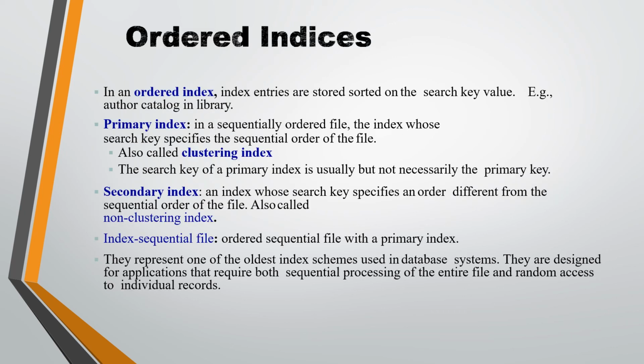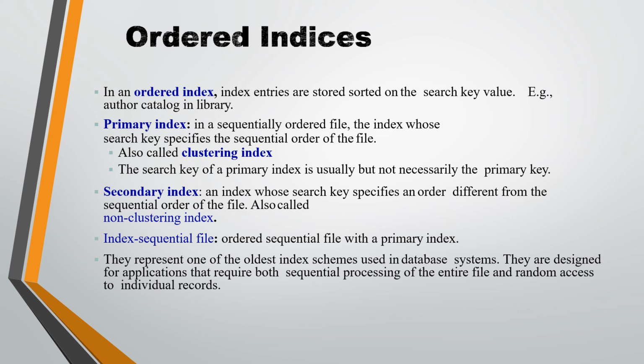And here we will discuss what ordered indices are. In an ordered index, index entries are stored sorted on the search key value. Primary index means, in a sequentially ordered file, the index whose search key specifies the sequential order of the file, and it is also called a clustering index.